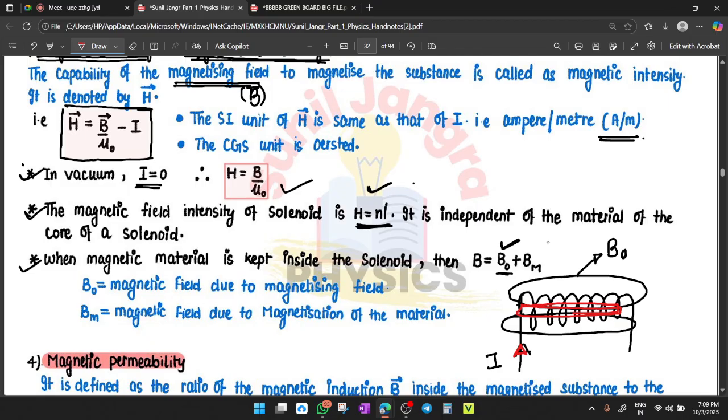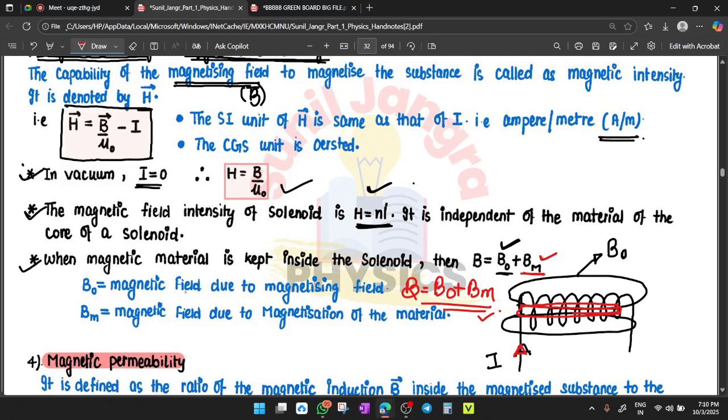Yes or no? So there is also induction of one more field inside the material that is equal to Bm. So the total field is given by B equals B naught, the air part, plus Bm, the medium. So total B equals B naught plus Bm.